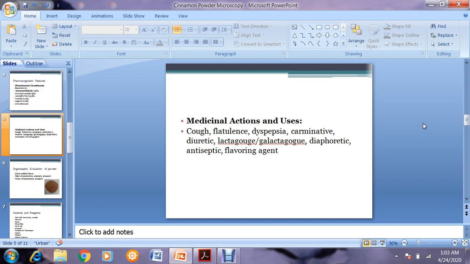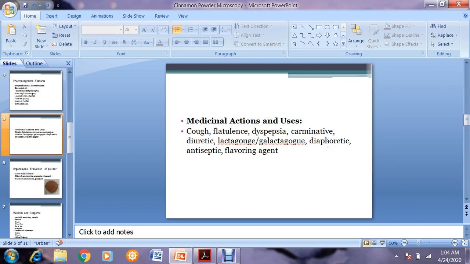It is also used as a lactagogue or galactagogue. These are the same terminologies. Sometimes it is called lactagogue, while some people say galactagogue. The drug or agent which increases the milk secretion. It is also used as a diaphoretic. Diaphoretics are those drugs which increase perspiration.